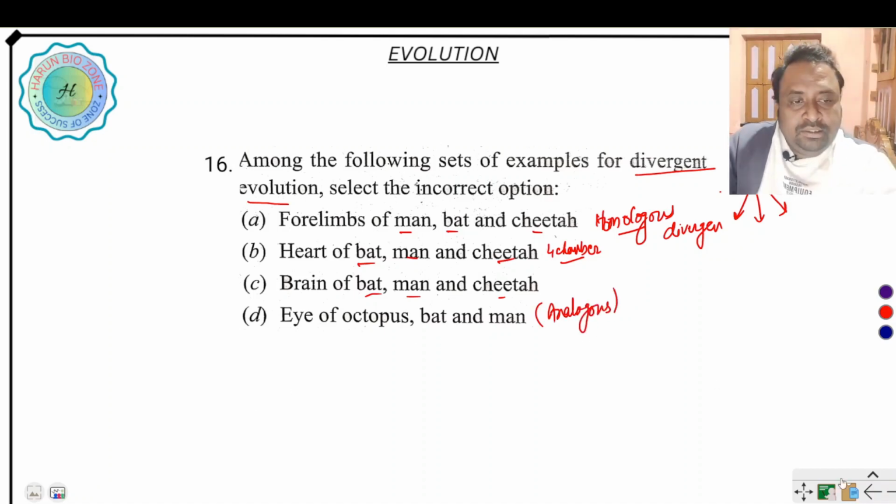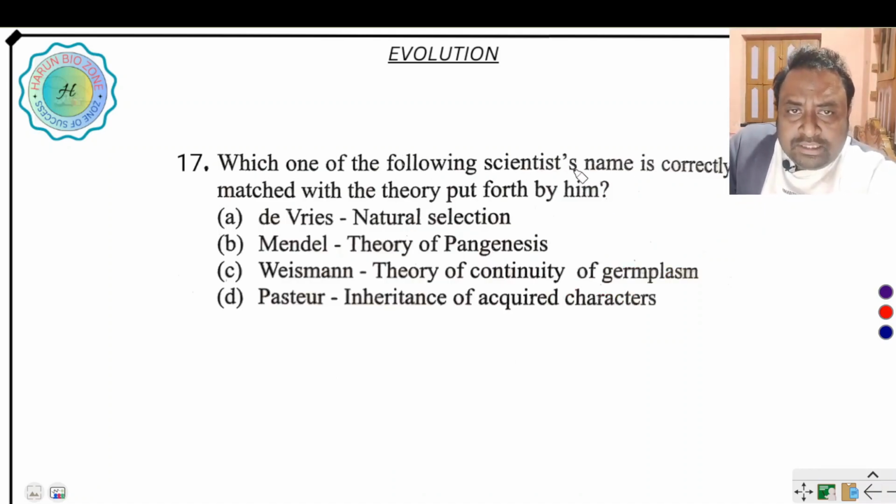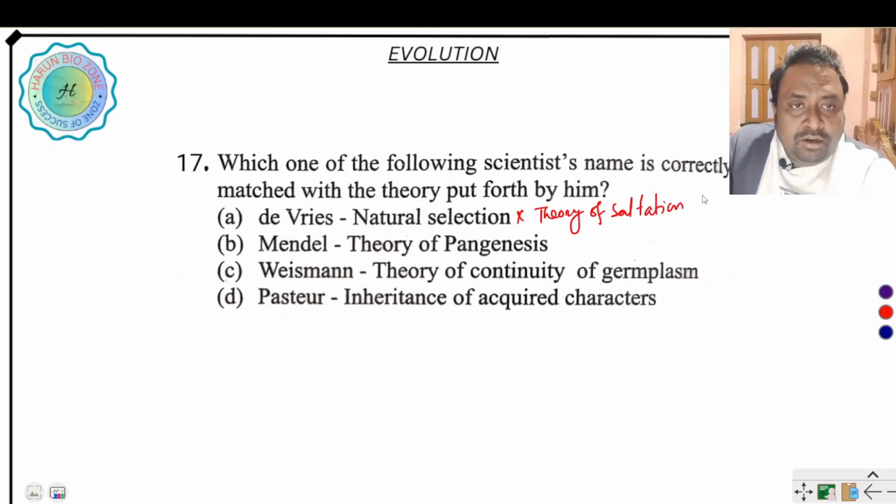Next question. Which one of the following scientists' names is correctly matched with the theory put forth by them? Hugo de Vries, natural selection: not correct. The theory of saltation: saltation means sudden change, saltation or mutation.